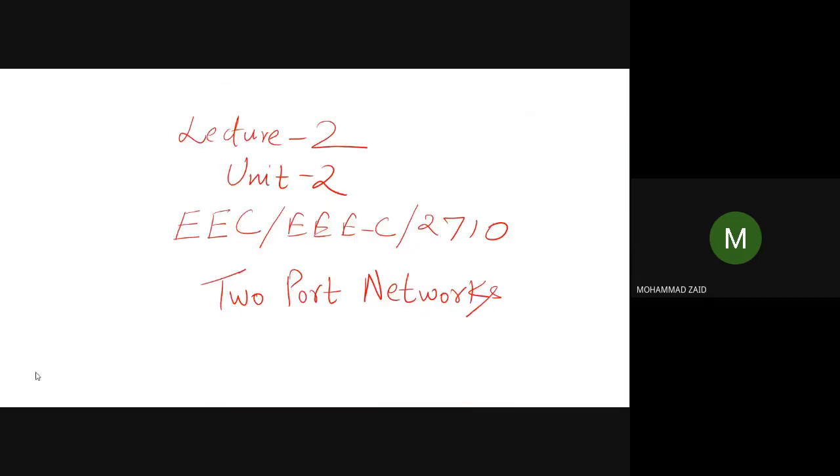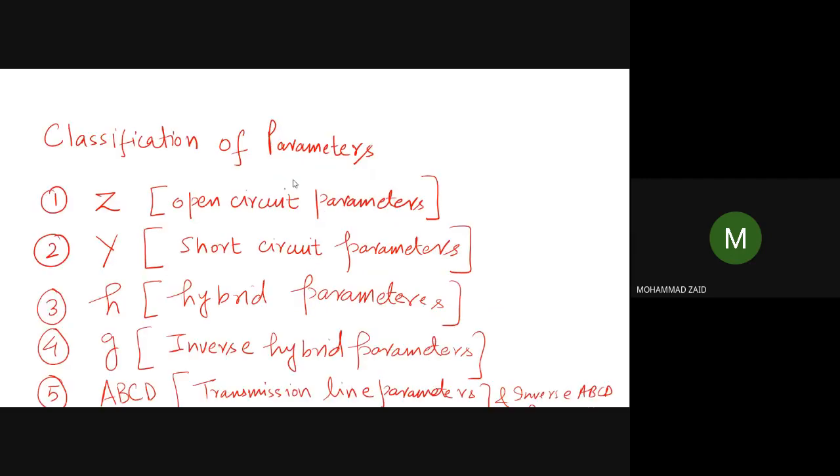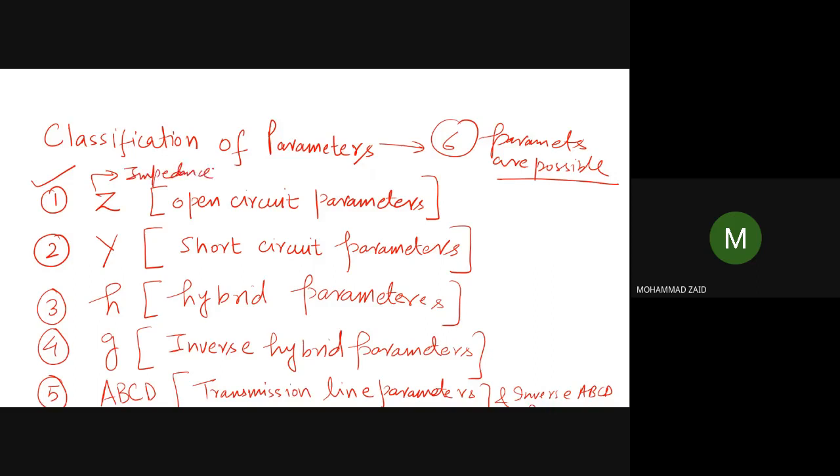As I have already written for you, the classification of parameters shows that 6 parameters are possible which can define a network, and each of them we will take one by one. The first and most common one is the Z parameters. Z because it is also known as impedance parameters, or another name is open circuit parameters.